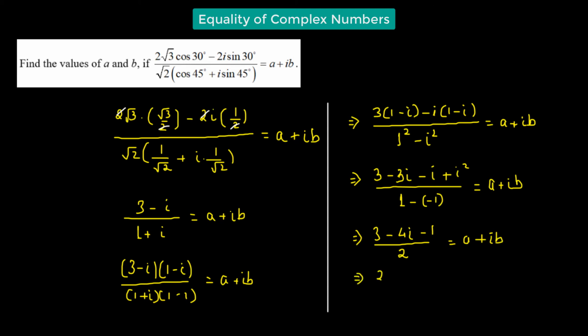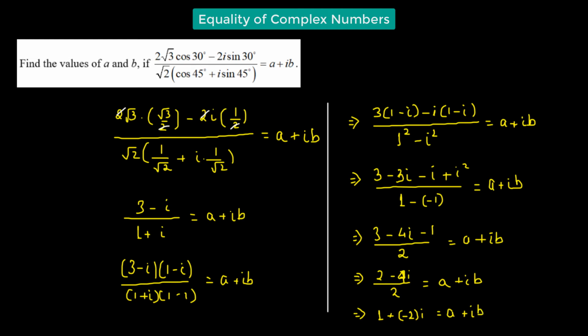So we have 2 minus 4i divided by 2 equals a plus ib. So we'll write it in the standard form, this will be 1 plus, I made a mistake here, so this is 4i. So we have 1 plus negative 2 times i equal to a plus ib.